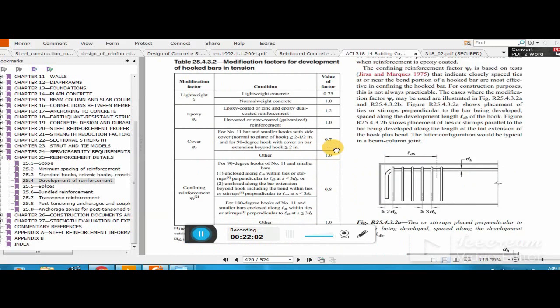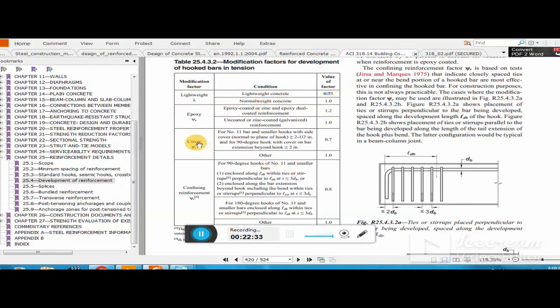You see the factors: the epoxy factor, psi E, I believe lambda in the 2002 edition, and that changes 1.2, 1.0, 0.7. It depends upon the coating which you provided to the bar. Lightweight factor, denoted by lambda, also matters for lightweight concrete, so we will use this factor. Clear? And normal weight concrete is 1.0.